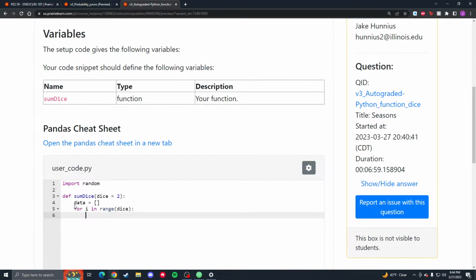You could create a simulation and then return the sum for the column.